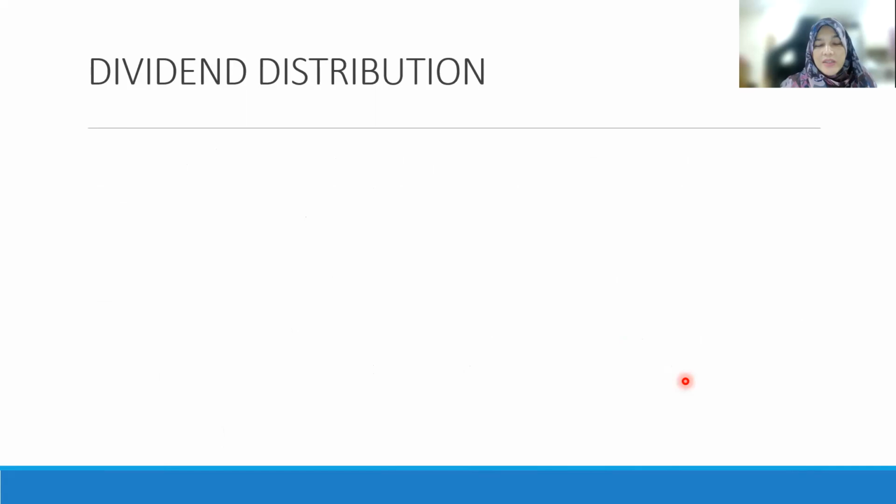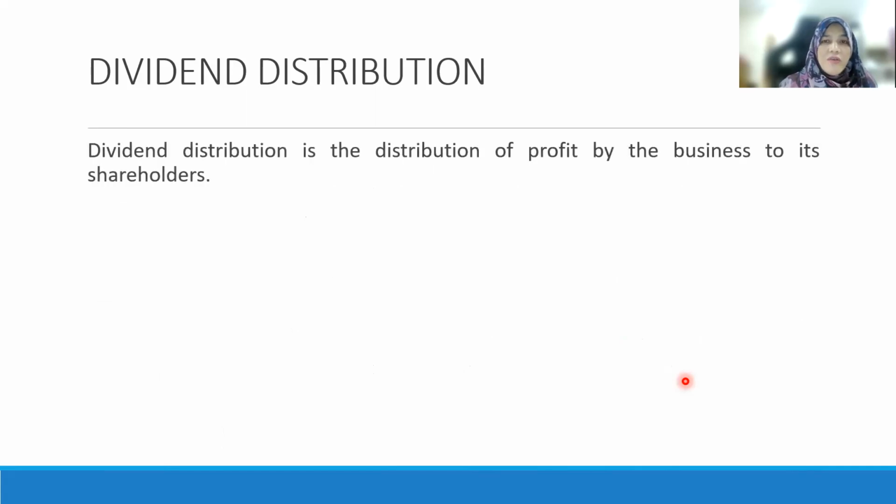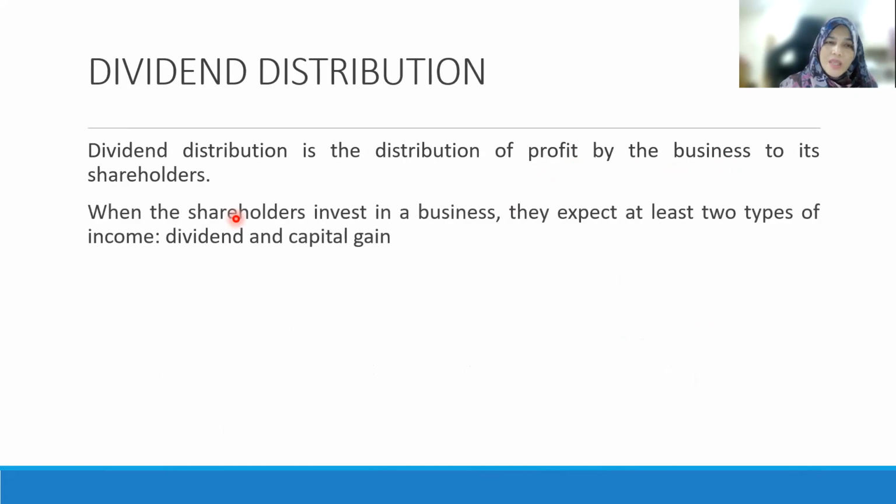What does it mean by dividend distribution? It is actually the distribution of profit. Dividend distribution is the distribution of profit by the business to its shareholders. When shareholders invest in a business, they expect at least two types of income, which come from dividend or capital gain.